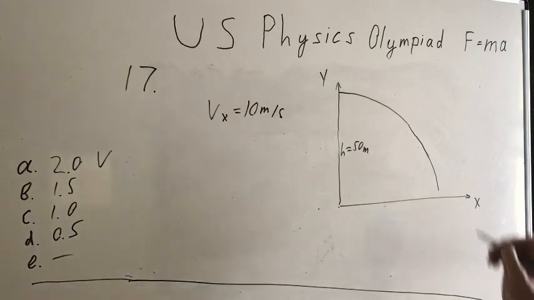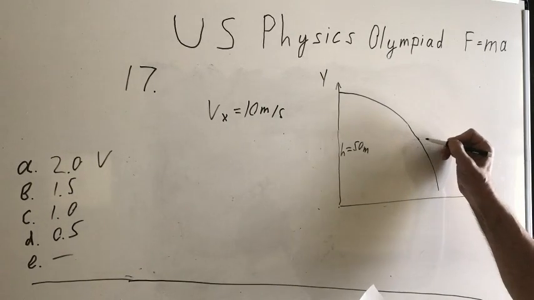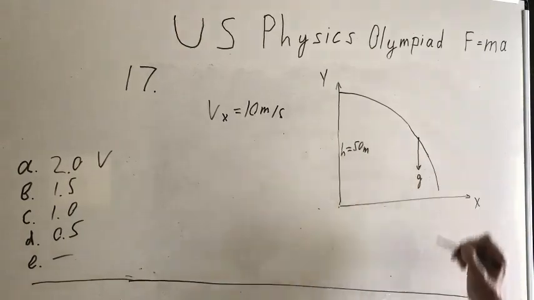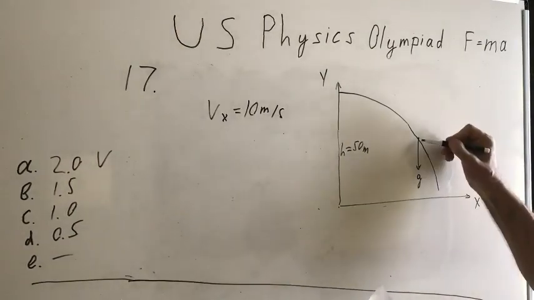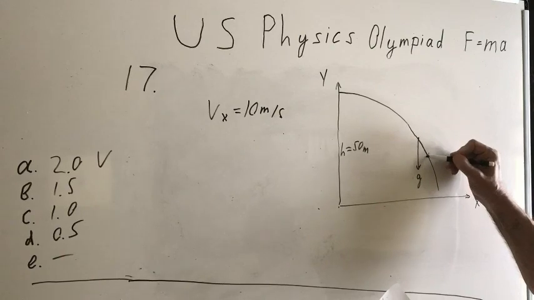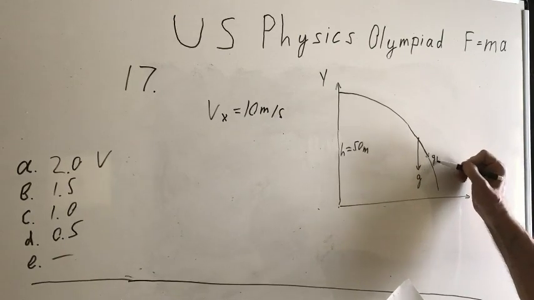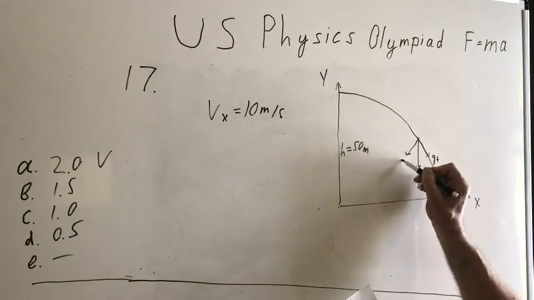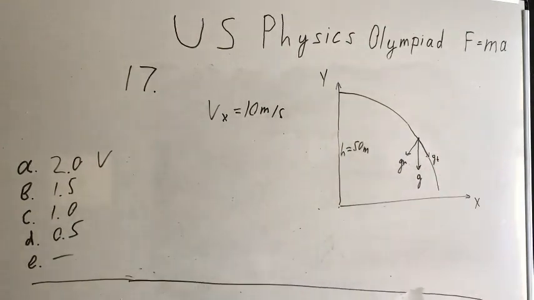At any point we can split our acceleration g into two components. One is tangential, gt, and the other is normal, gn.